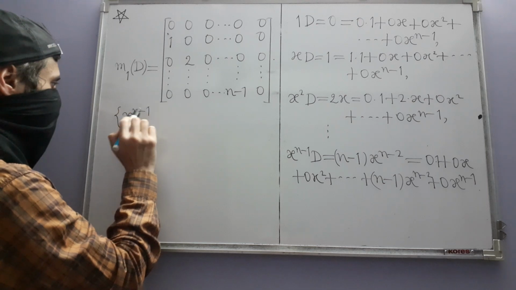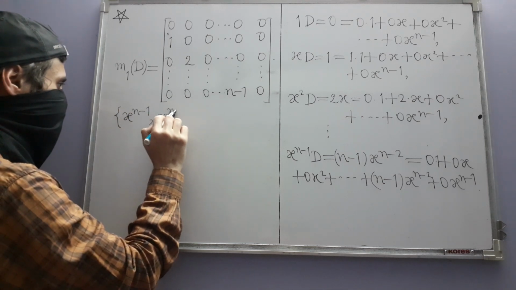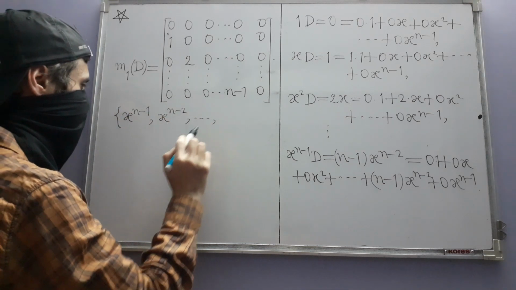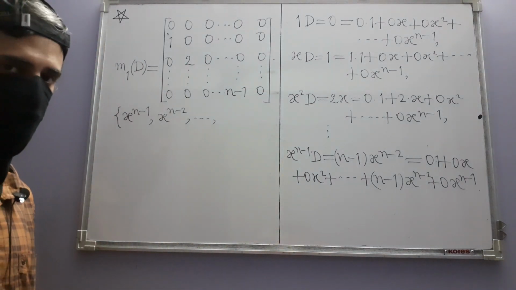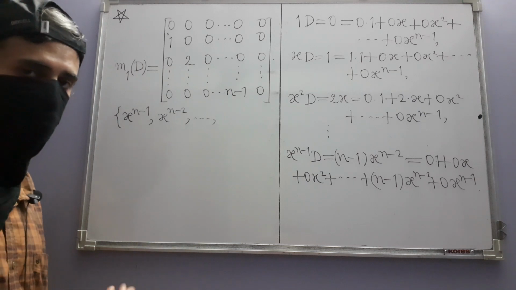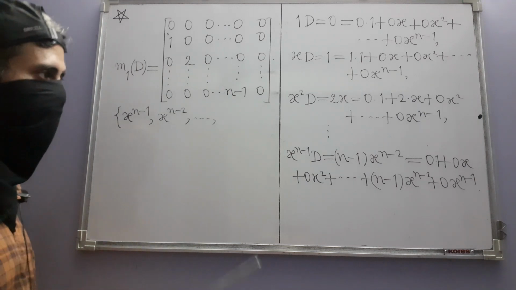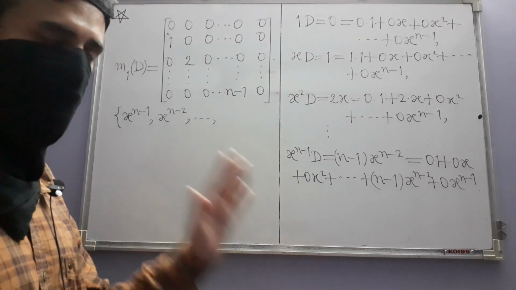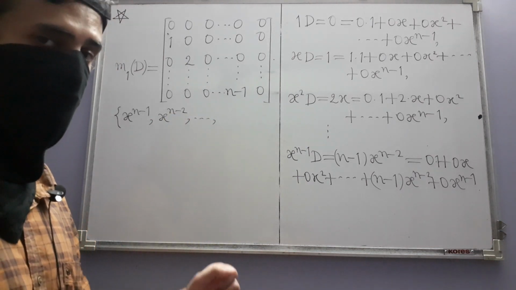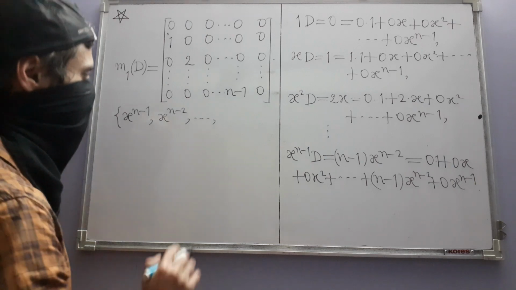Say we change the order and take the completely reverse order. The vectors are the same, but we change the order, and because of that the ordered basis has changed. The ordinary basis has not changed, but the ordered basis has changed.